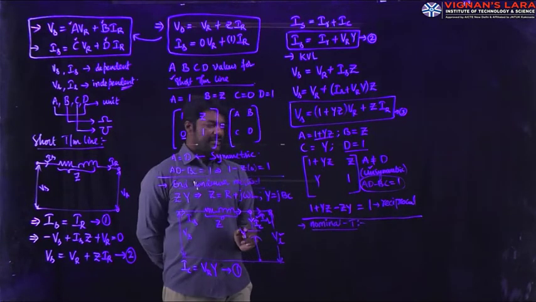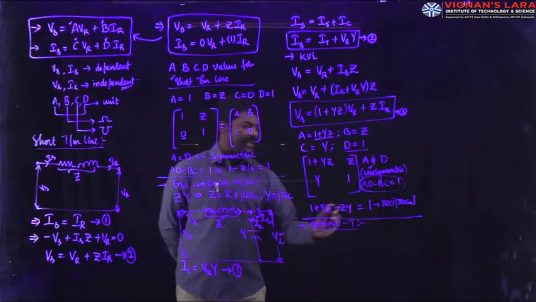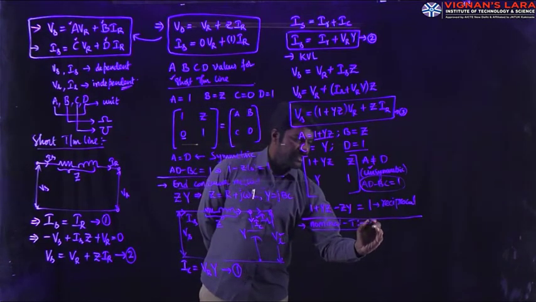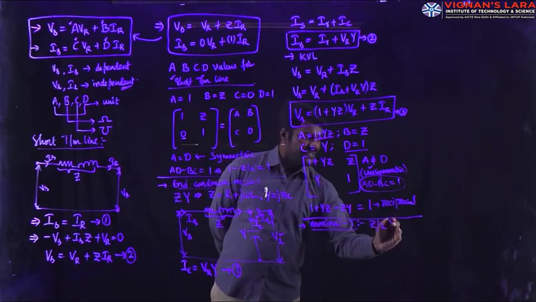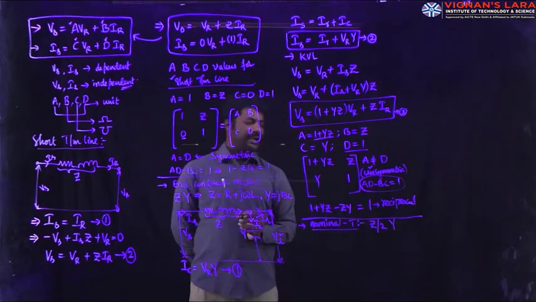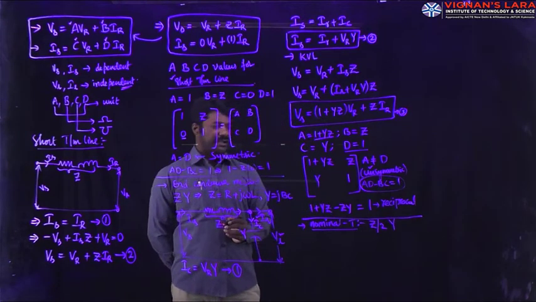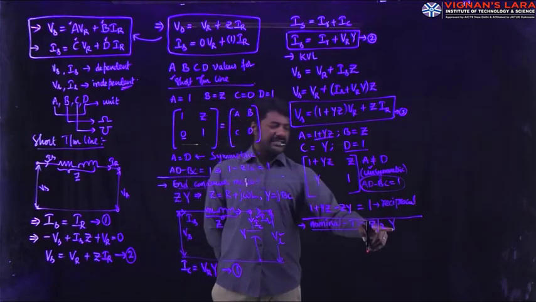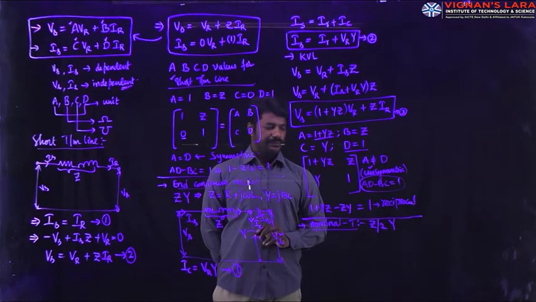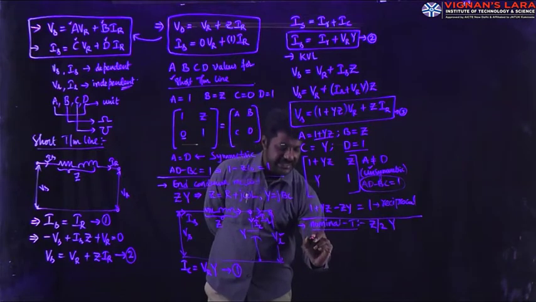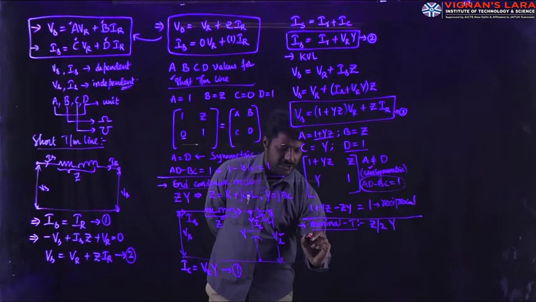The representation of the nominal T, all of us know, consists of the series impedance divided into two equal parts, and the admittance consists of a single capacitor located at the midpoint of the transmission line. Either side of this capacitor will have half the impedance, Z by 2. In the same lines, I am representing the transmission line network also.